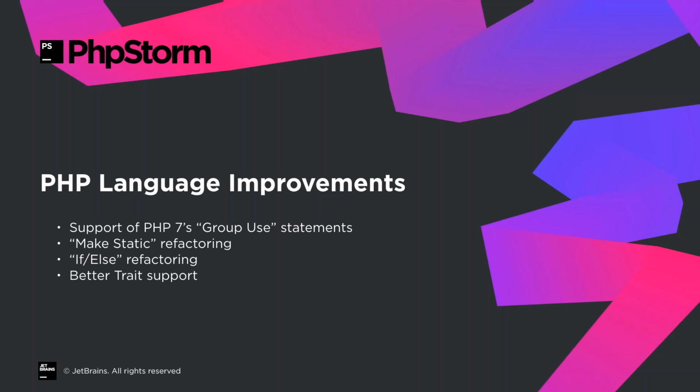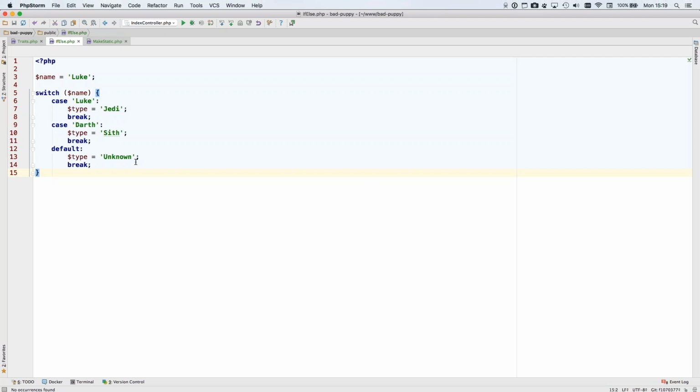So, there's a question which is a very good question, which I will actually answer. Let's go right back to where we were. Yeah, you can go from a ternary back to an if, and you can also go from a switch back to an if if you want to. These work both ways.